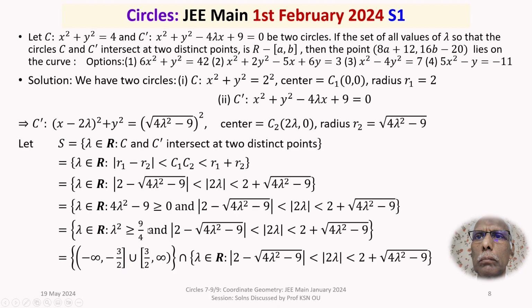And this intersects with the set of all those lambda belongs to R such that mod of 2 minus under the square root of 4 lambda square minus 9 is less than mod 2 lambda, which is less than 2 plus under the square root of 4 lambda square minus 9. Agreed. So we will attack this one and find out the values of lambda, then take the intersection, and you will get your S.